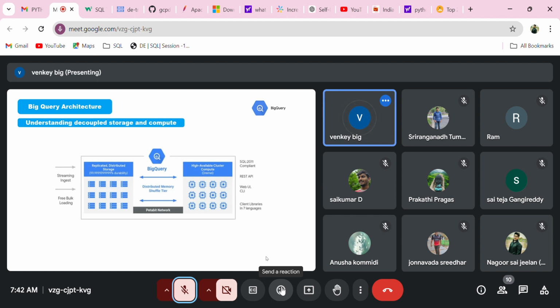For that purpose, BigQuery has its own proprietary Google execution engine, which is Dremel. So Dremel is the execution framework, the software that will execute your queries on the compute available for BigQuery, using the storage that is there in BigQuery.